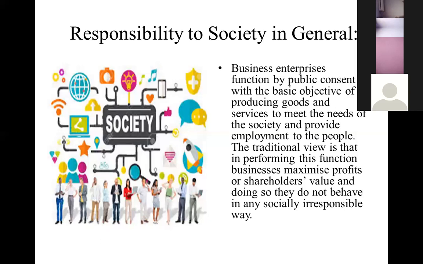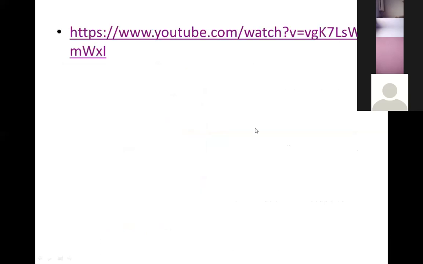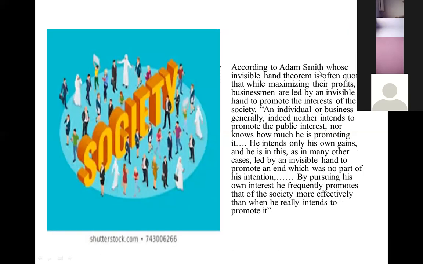Each and every business person has to fulfill the needs and wants of a customer or a society, and due to this employment also gets generated. But this is the main part, what we call Adam Smith's invisible hand theorem. He introduced this theorem in order to give a benefit to the society.